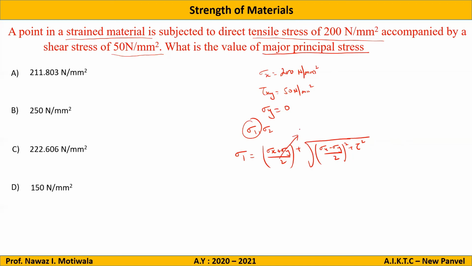But now sigma y is given to us as 0, so this and this will go. So finally I will remain with sigma 1 is equal to sigma x by 2 plus root of sigma x by 2 the whole square plus tau square.